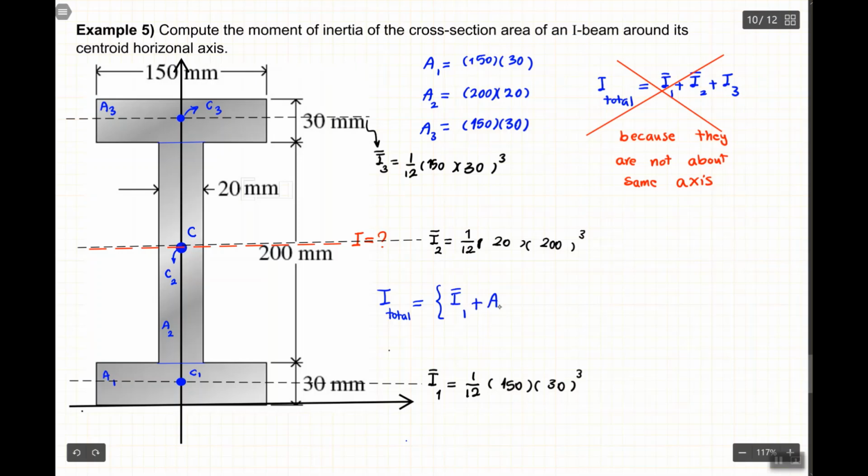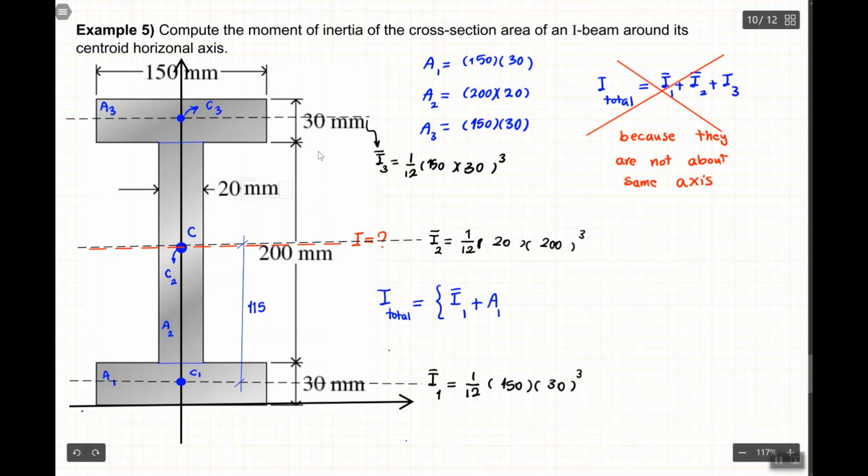plus A1 multiplied by the distance between these two axes, basically this distance, which we can simply calculate. It's 115. So let me draw it one more time here, like this distance, which is basically 115, right?